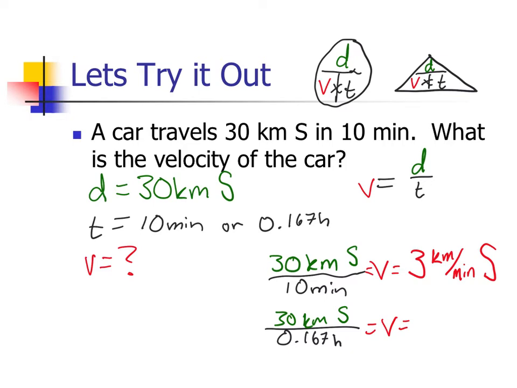Now, the other one, where we have it in 0.167 hours, because 3 kilometers per minute might not be a number that's easily relatable. We get an answer by using our calculator, or maybe you can multiply in your head and divide in your head. We have 180 kilometers per hour.